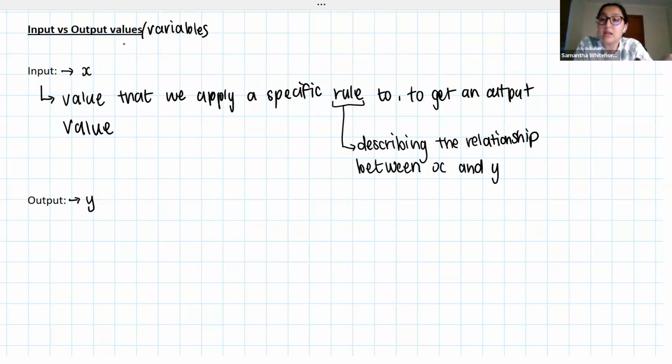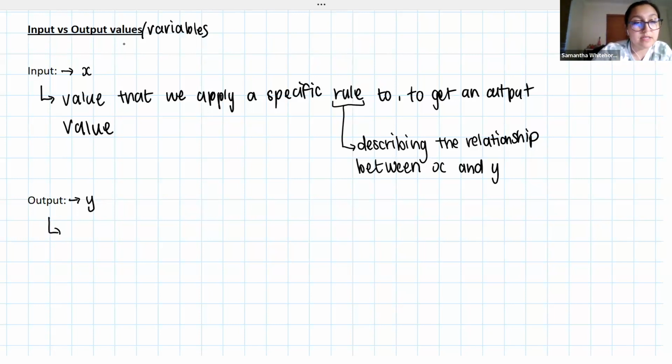We can now take that rule and apply it. So we don't just make up any rule that we want. We look at the information we've been given and we are able to determine a rule based on that information, which means that any scenario is going to have a different rule. It's not like you will work with the same rule over and over again. Every scenario has its own unique rule that we will then use.